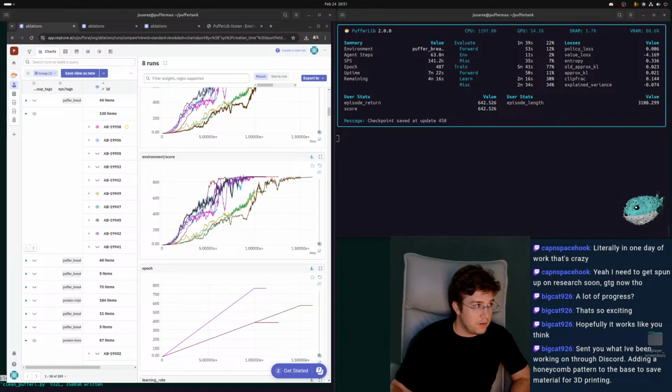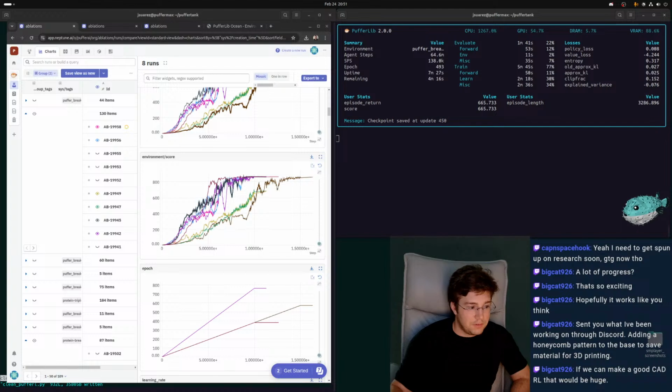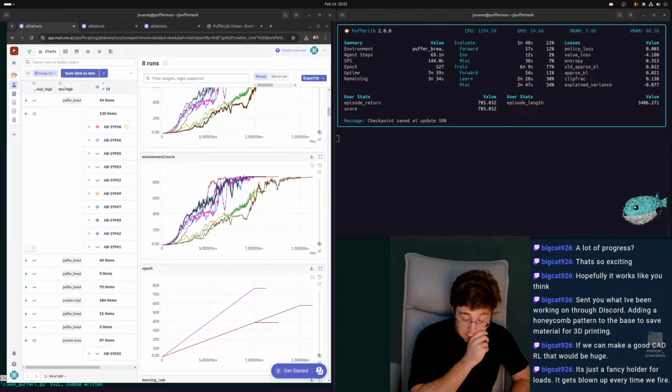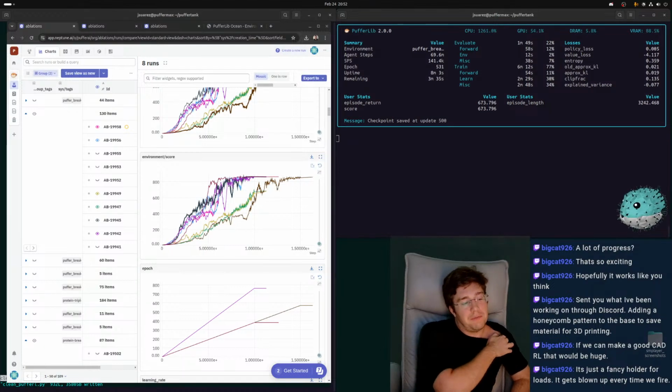What is this? The thing to keep in mind, holder for loads, it gets blown up every time we fire. It's funny. There's already good generative models for CAD.